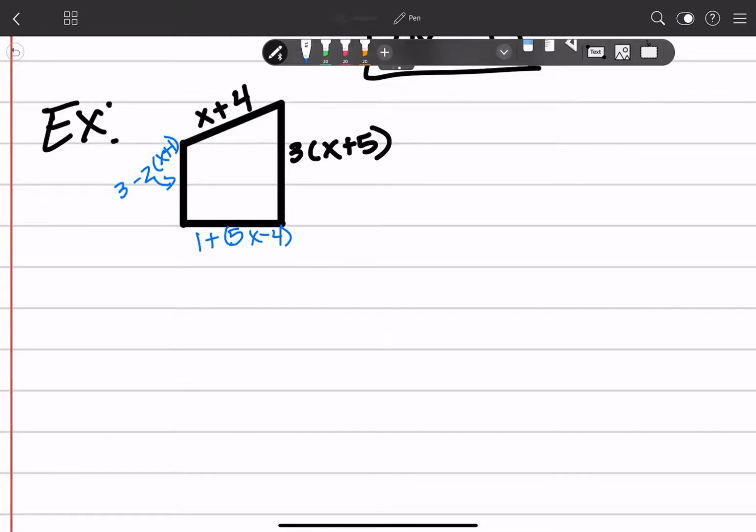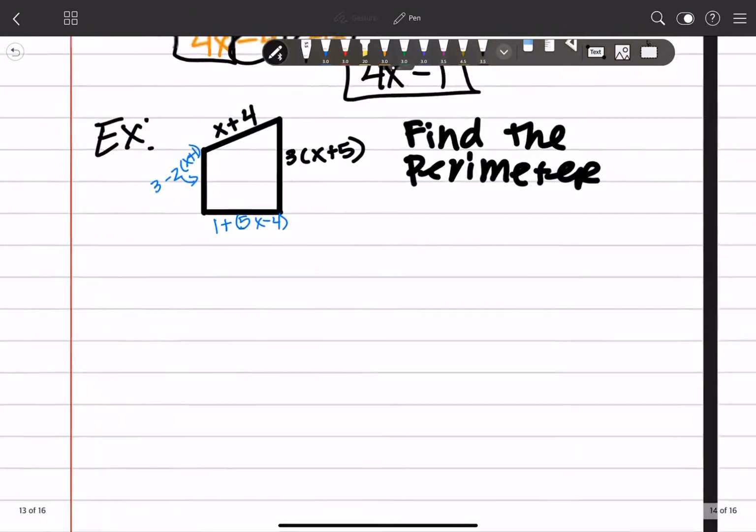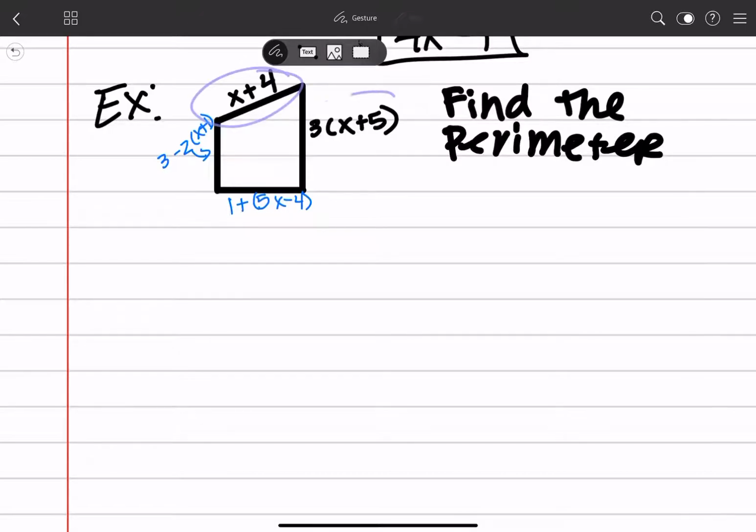So when you're adding in perimeter, if we're being told to find the perimeter, well, you know that perimeter is found when you add up the lengths of each of these sides. Well, the lengths of each of these sides are something different. So what we're going to do, and it's also practicing combining like terms, we would end up adding each of these sides, correct?